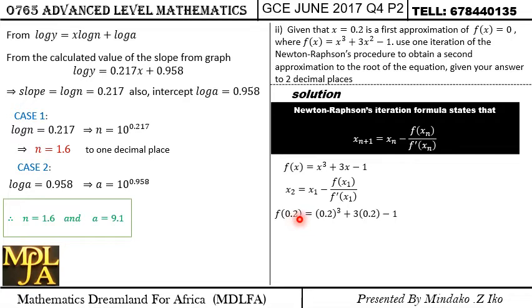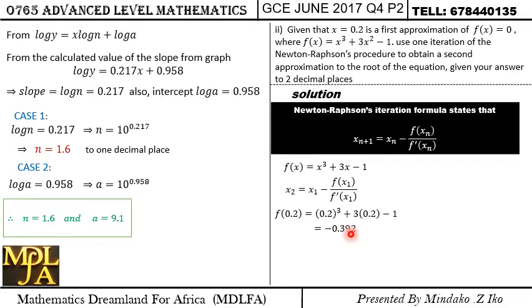I know that my x1 is 0.2, so I will substitute 0.2 in f of x. So I'll have f of 0.2 equal to 0.2 cubed plus 3 times 0.2 minus 1. At the end of the day, I'll have f of 0.2 equal to negative 0.392.